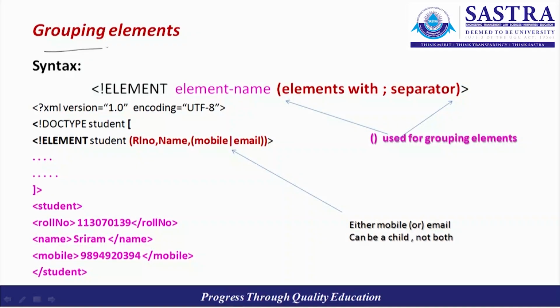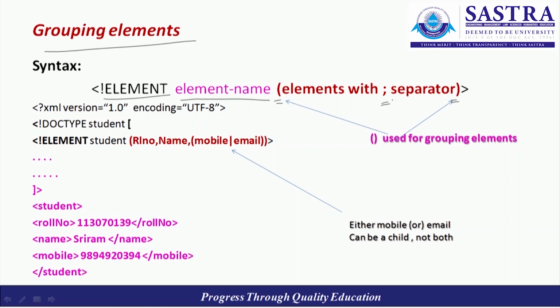The grouping of elements syntax: exclamation, ELEMENT, space, element name, and then a symbol, opening and closing parenthesis, used for grouping elements. The elements can be separated with a comma.